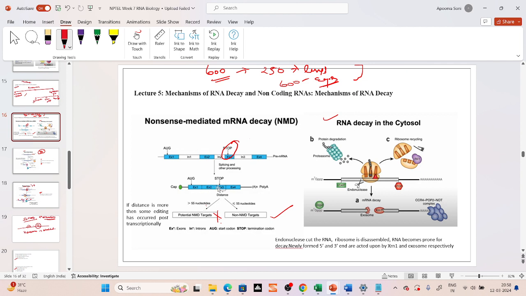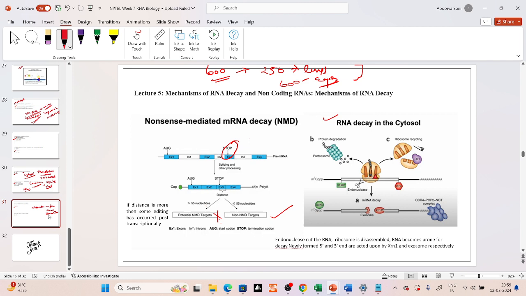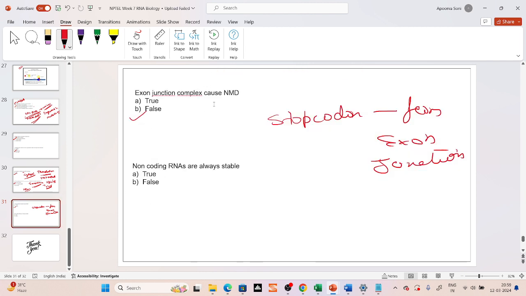If the distance of the stop codon from the exon junction is more than 55 nucleotides, then it will lead to nonsense mediated decay. If the distance is less than 55 nucleotides, then it will not lead to nonsense mediated decay. That means it is not just the exon junction complex that causes the nonsense mediated decay, it is the distance of the stop codon from the exon junction complex.